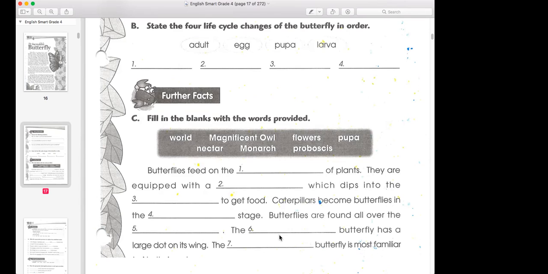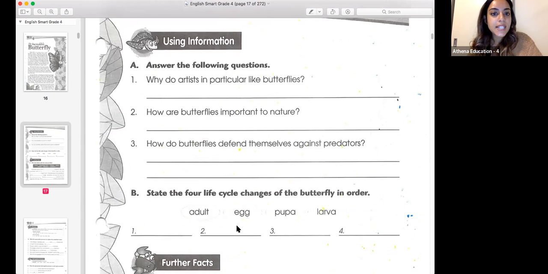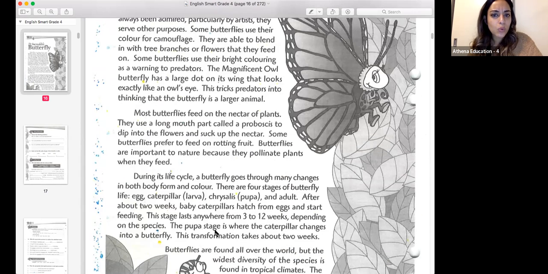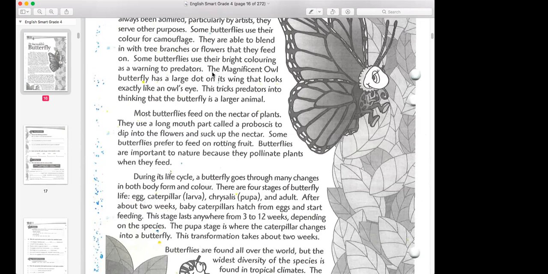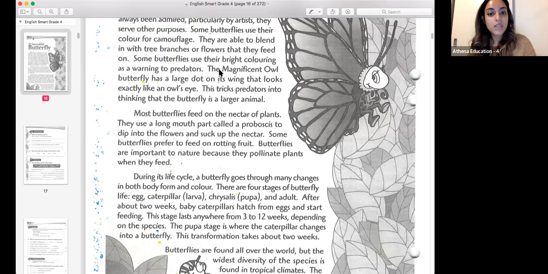I think number 6 is the pupa butterfly has a large dot on its wing. Okay, so let's double check. Let's see which large dot. So can you read the sentence, please, Daniel? Okay, the pupa stage is where the Oh, right here. Can you see where I'm pointing?